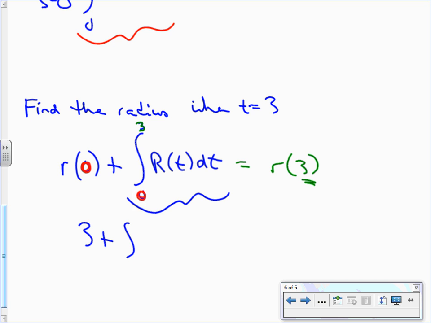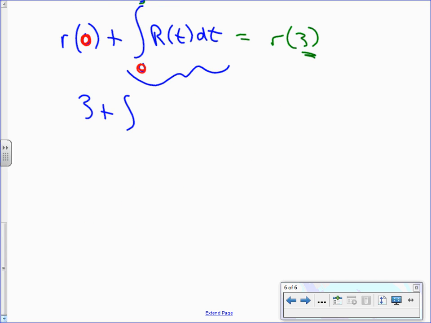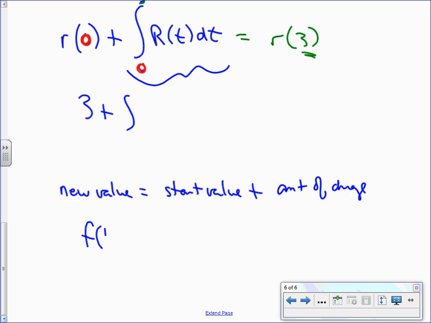Okay? I'm going to write this out in general, because this is so important. If you are looking for a new value, and you are given a start value or an old value, then you're going to add the amount of change. Okay? And so that will look like this in general terms.